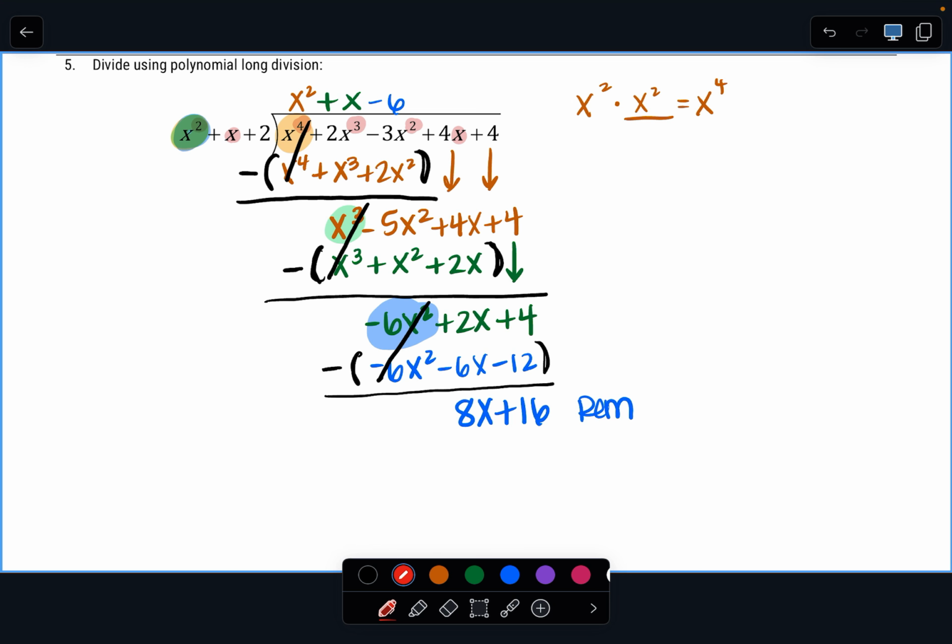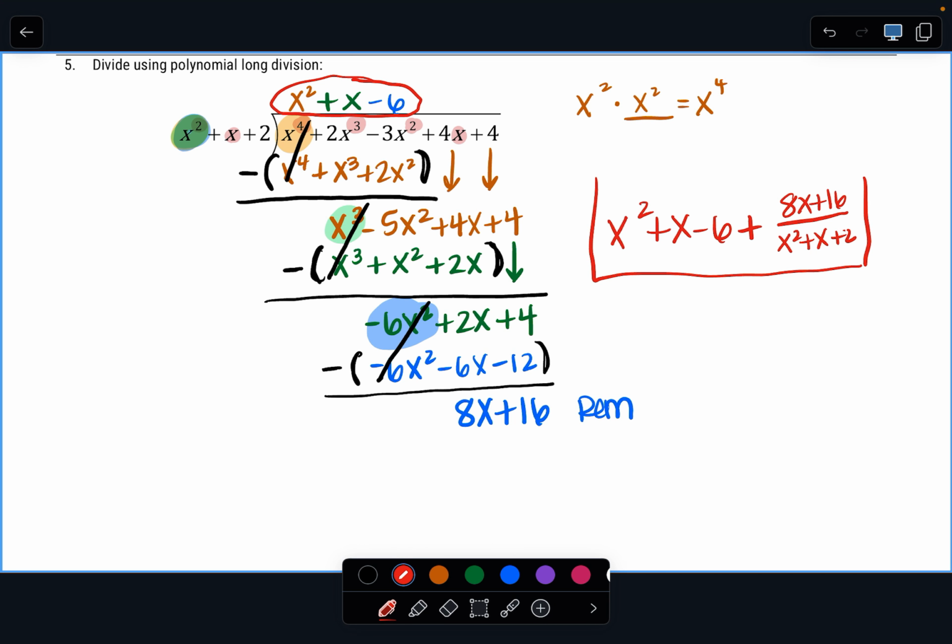Now, how you write this, it's exactly the same way as if it was just a number. I'm going to take x squared plus x minus 6, and then all I'm going to do is take my remainder, 8x plus 16, and I'm going to divide it by the divisor. So x squared plus x plus 2.